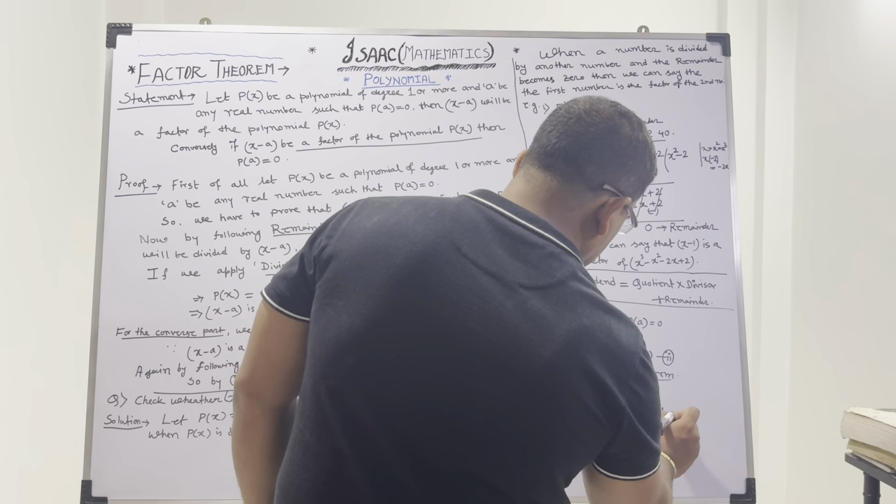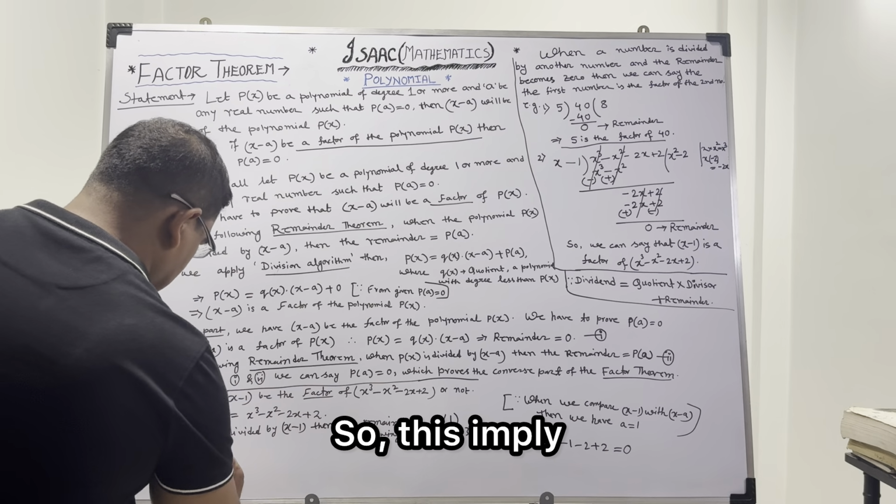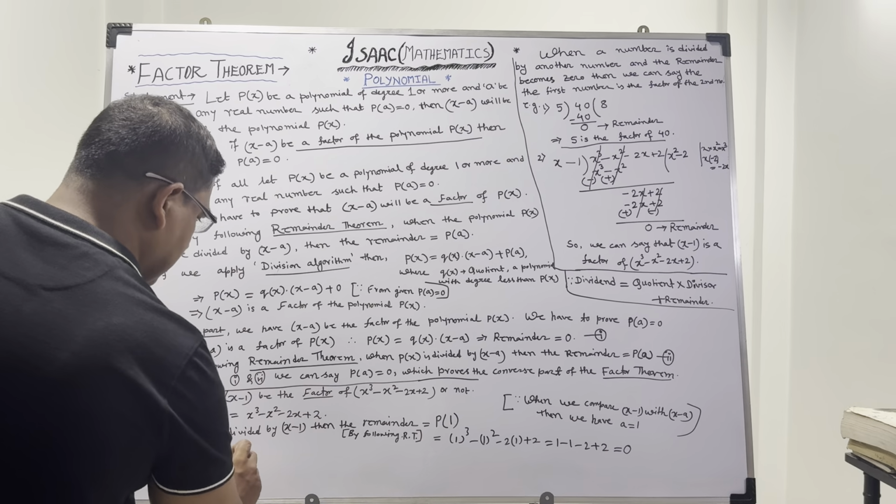P of 1 means 1 cube minus 1 square minus 2 into 1 plus 2. This will give 1 minus 1 minus 2 plus 2. This will give 0. So this implies x minus 1 is a factor of the polynomial P of x by the factor theorem.